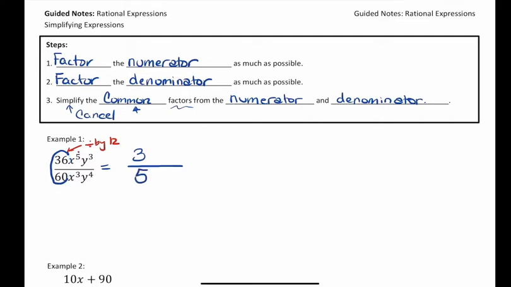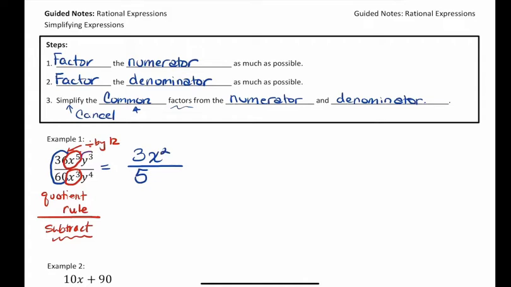Then when you look at the exponents, remember you have to use the quotient rule. The quotient rule tells us to subtract the exponents of the common bases. Looking at the x's, we have 5 x's on the top and 3 x's on the bottom, so the difference is 2, and you get x squared. So 2 x's remain in the numerator.